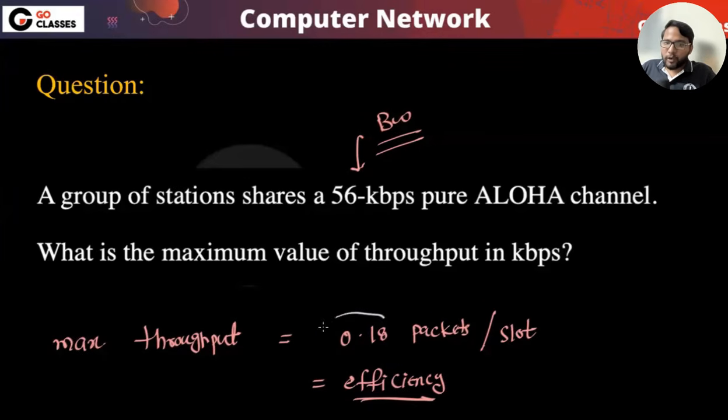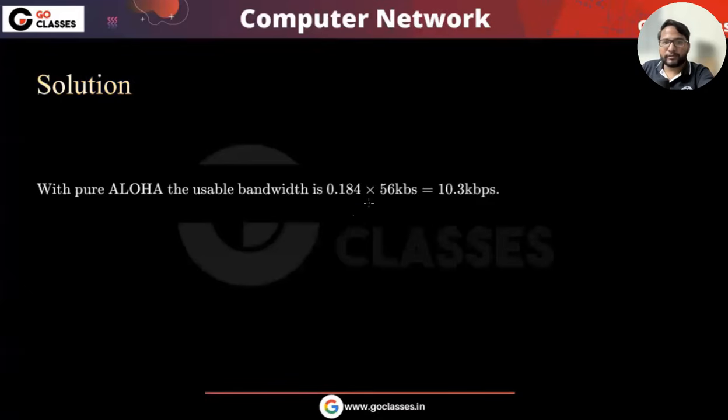Which means you can utilize this channel with a maximum of 0.18 efficiency, or 18% efficiency. If the bandwidth is given to you, then what is the maximum throughput that you can get in kbps itself? You just need to multiply the efficiency and the bandwidth, right?